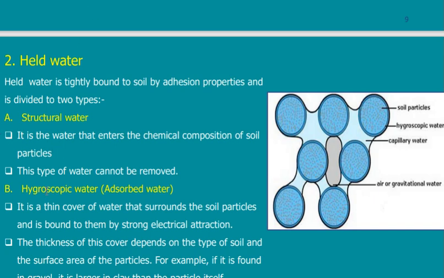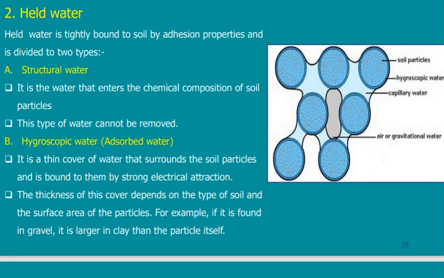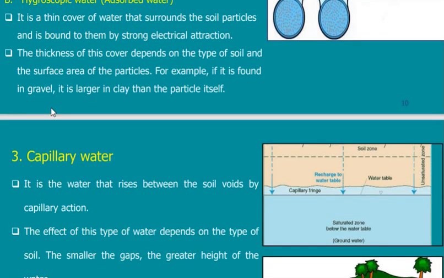removed. Hygroscopic water is part of the water that is just covering the surface, but it is bound to this surface. It cannot leave it. If you want to take it away, you cannot take it away easily. So these are the held water, which are the hygroscopic and the structural water, or the water chemically bound to the material.